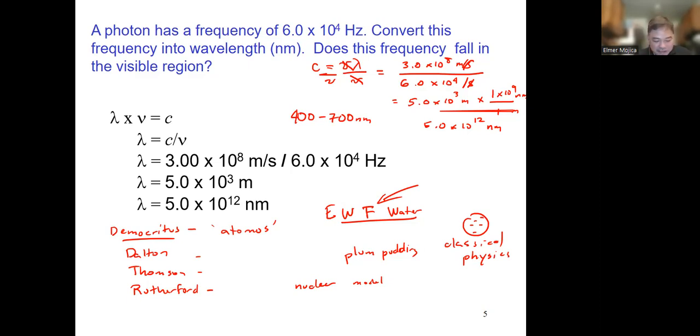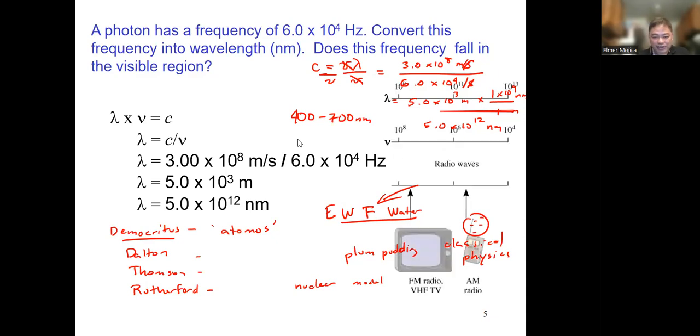But consequently, they lose energy and spiral into the nucleus. Yun yung explanation ng classical physics, but it doesn't happen. Stable pa rin yung atom. So, to help explain yung behavior na yun, there needs to be some scientific revolution during that time.